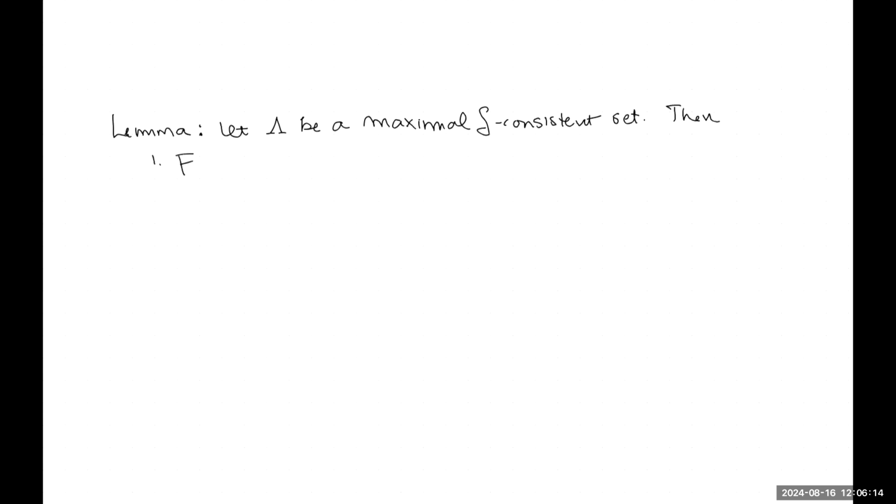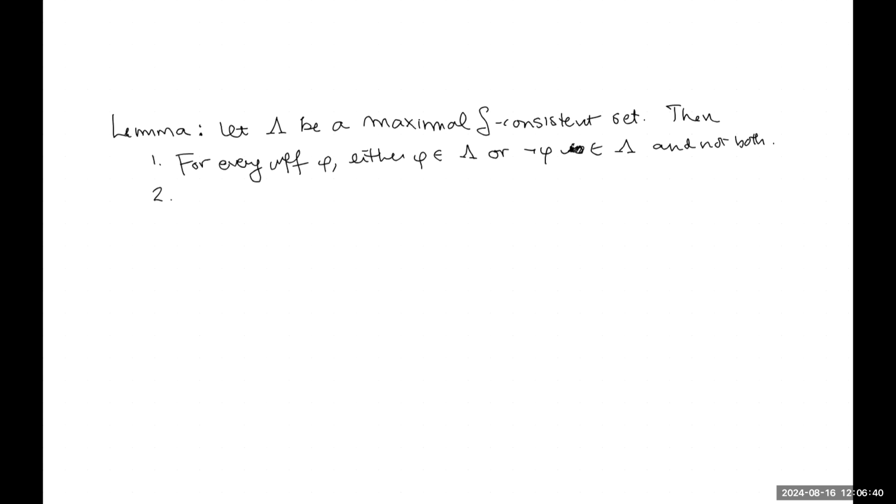So for every well-formed formula phi, either phi is a member of the set or not phi is a member of the set, and not both.